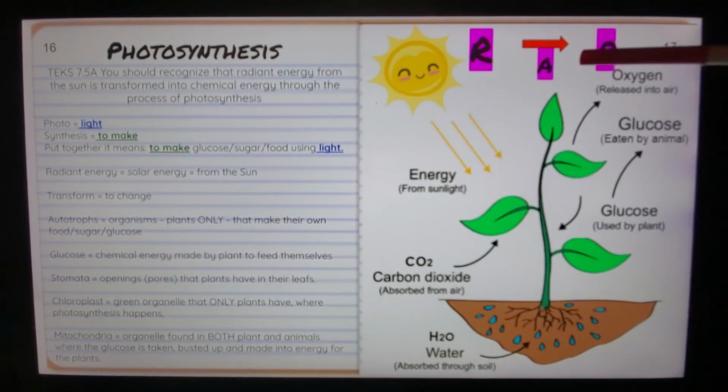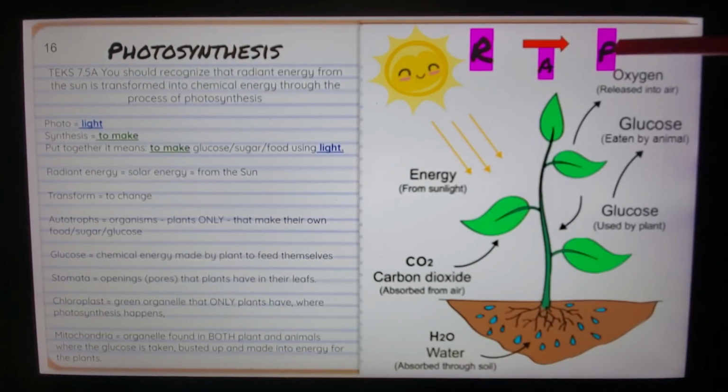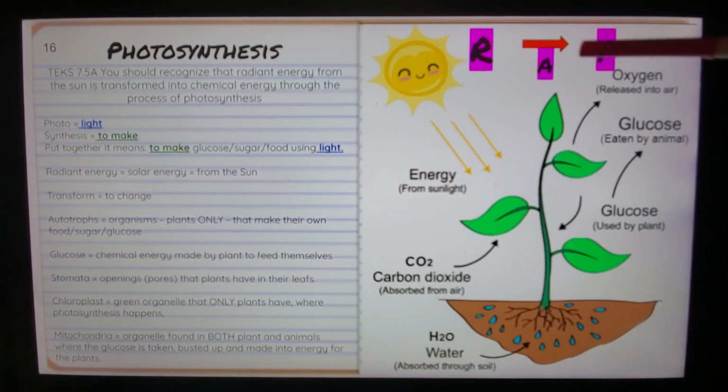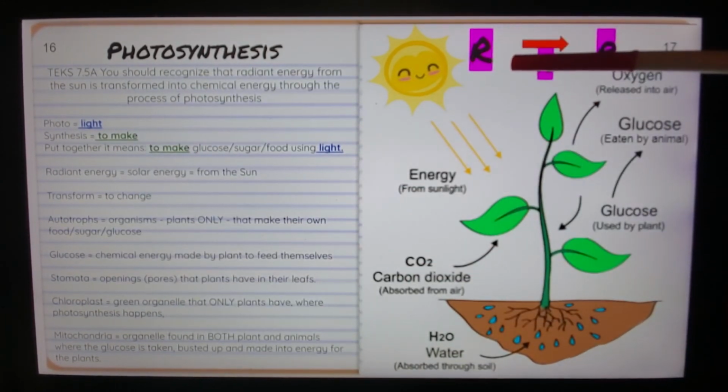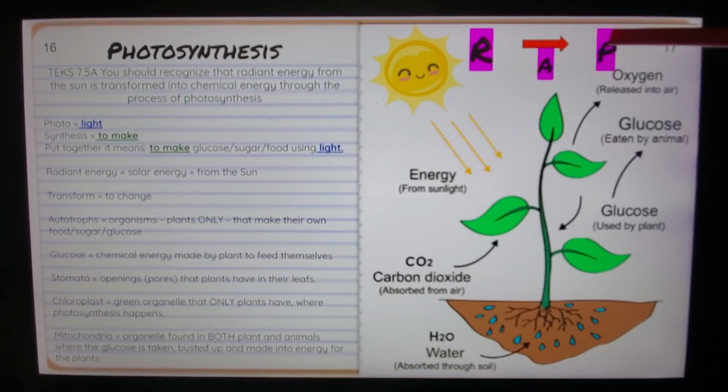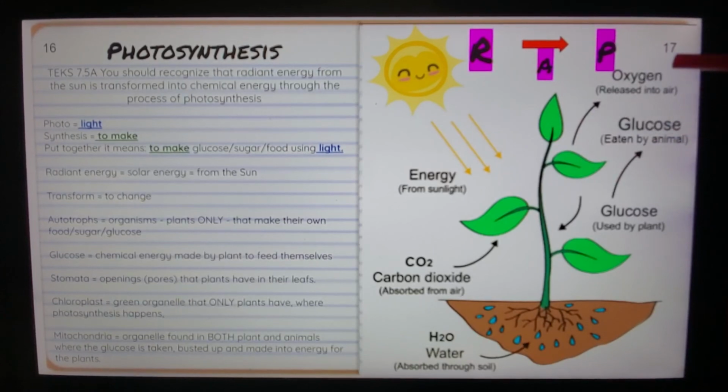I added the mnemonic phrase RAP to show you that these are the reactants on this side. There's the arrow, that means the chemical equation is kind of running, and it ends up here on the products.